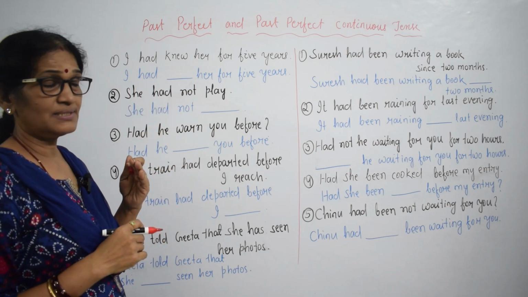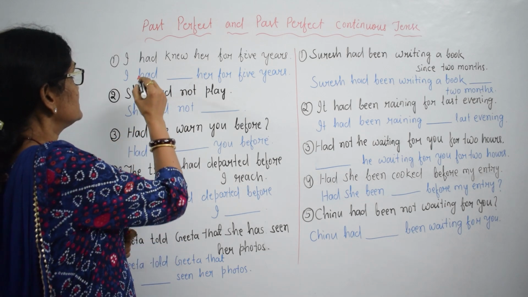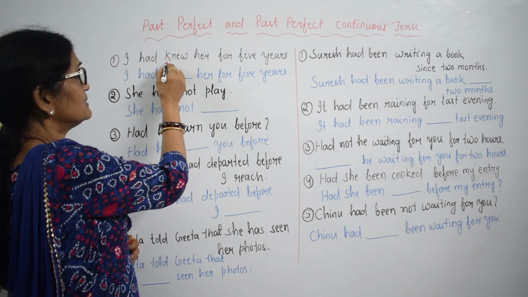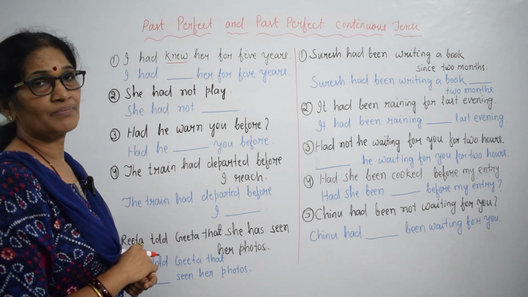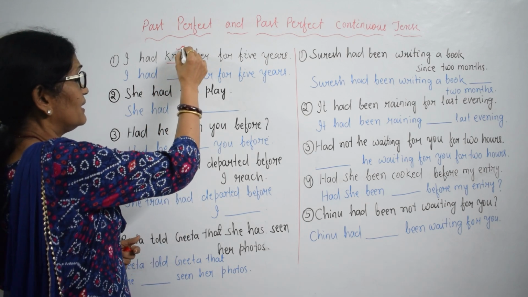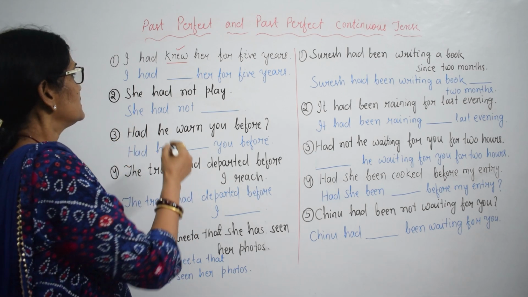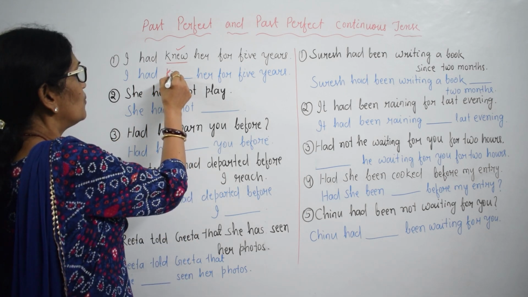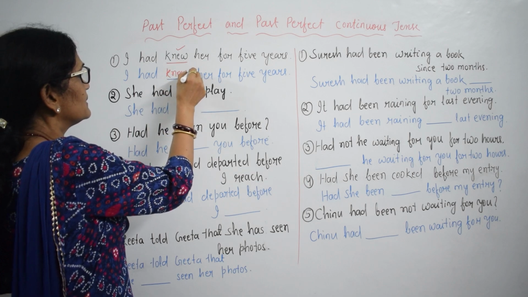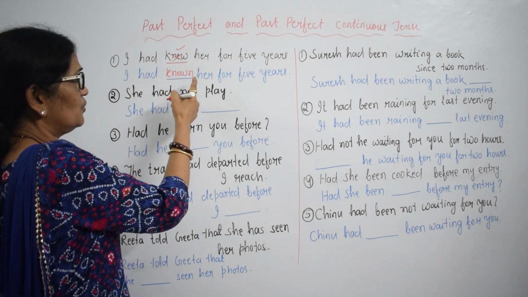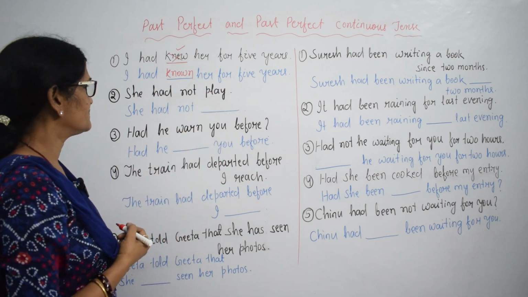The past perfect structure is subject plus had plus the past participle form of a verb. But here the past form of the verb is given. Know, knew, known. So the correct verb will be known. I had known her for 5 years.